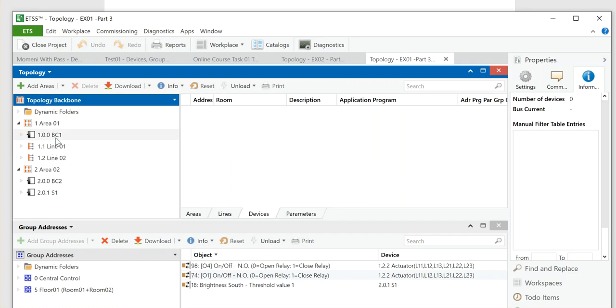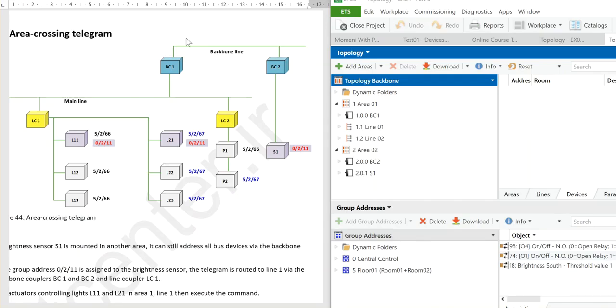Then you can see in area number 1, I put it like this to understand better. You can see these two areas represented in topology view. Here you can see that in area number 1 we have line number 1. In line number 1 we have the line coupler LC with the address 1.1.0, and we have two push buttons, P1 and P2.